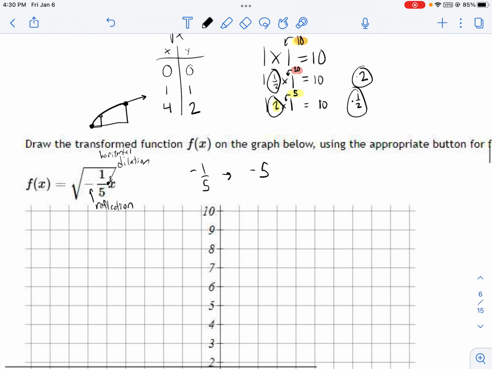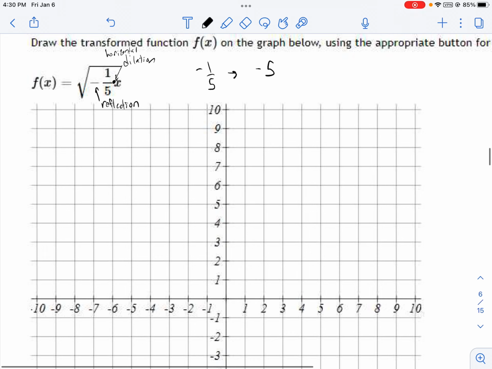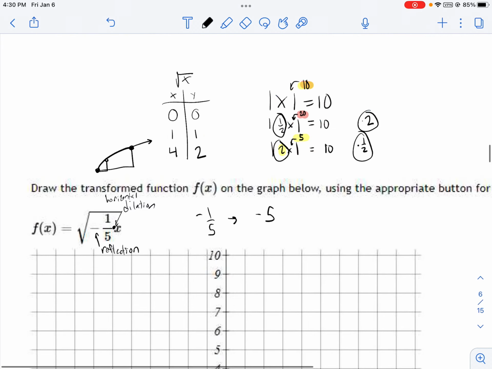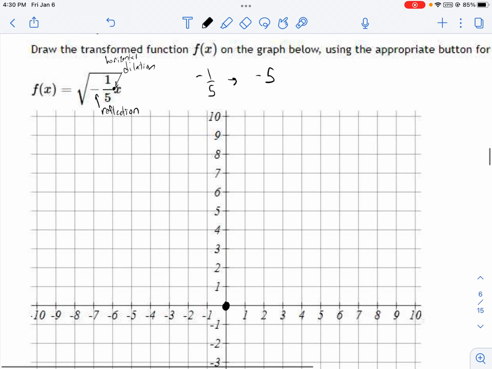Alrighty. So to graph this, once we know our pattern that it starts at 0, 0, you can't change or multiply 0, 0 and have it change places. It's still at 0, 0. And now your next point is over 1 up 1, but we know we're not going over 1, we know we're going over 5. Now, what direction we talk about when we're talking about over is dependent on that reflection. Left is the negative. So it's not right 1 up 1.